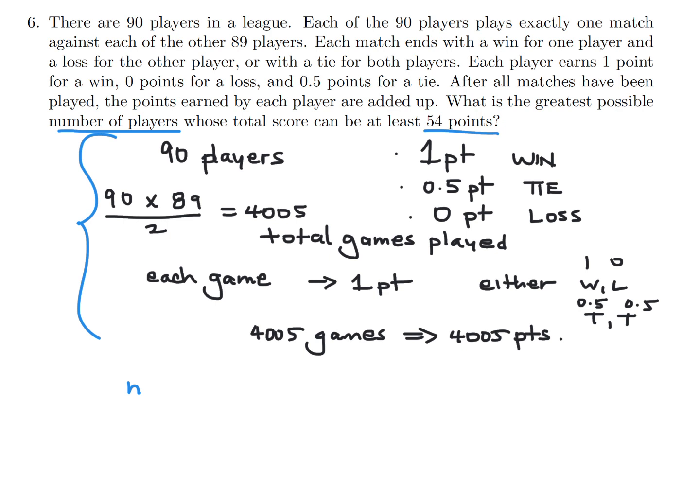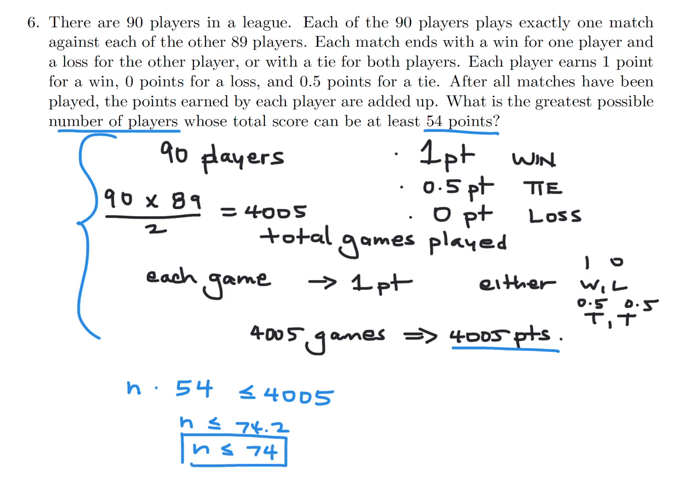If each of them has 54 points, the total score would be n times 54. The grand total is 4005, so that has to be less than or equal to 4005 for this to work. So n would be less than or equal to 74.2, and since n is an integer, it's got to be less than or equal to 74.